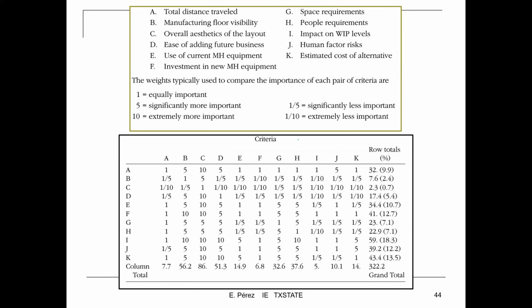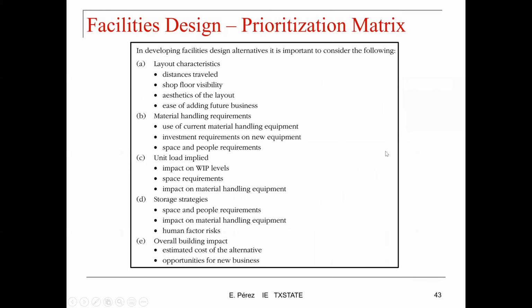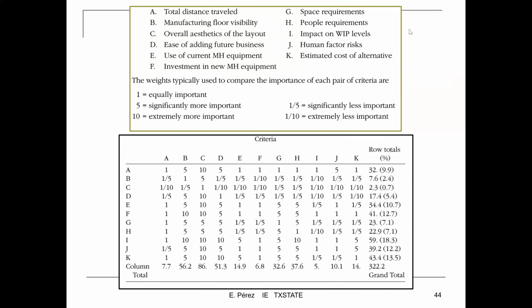So here we have an example that illustrates this prioritization matrix. At the top, we have total distance traveled, manufacturing floor visibility, overall aesthetics of the layout, ease of adding future business, use of current material handling equipment, and investment in new material handling equipment.